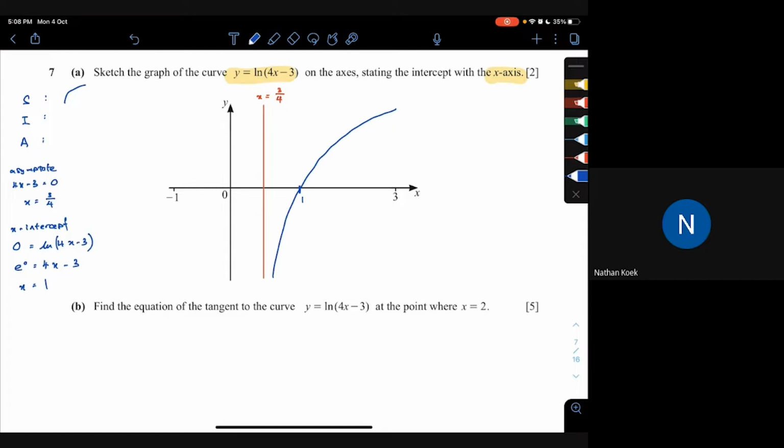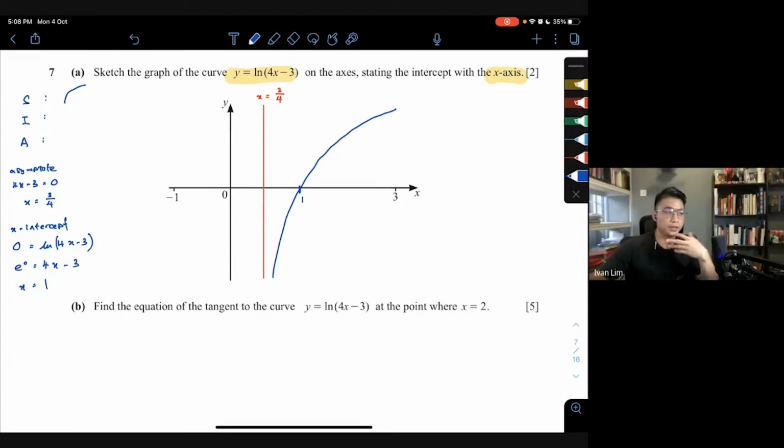Because there's no ln 0, that's a math error. That's actually how we get the asymptote.